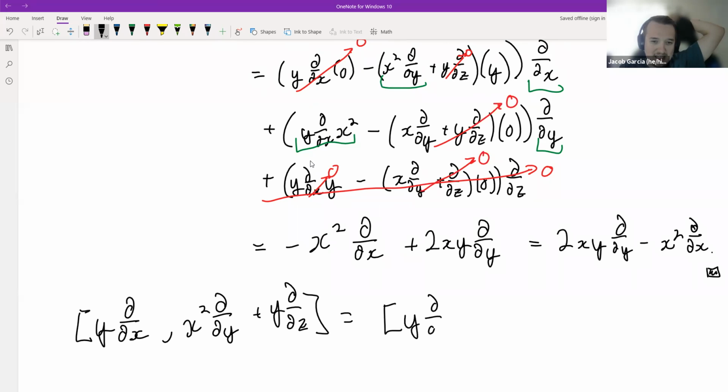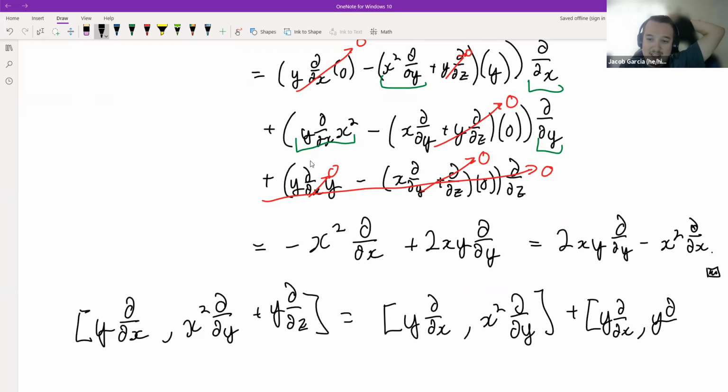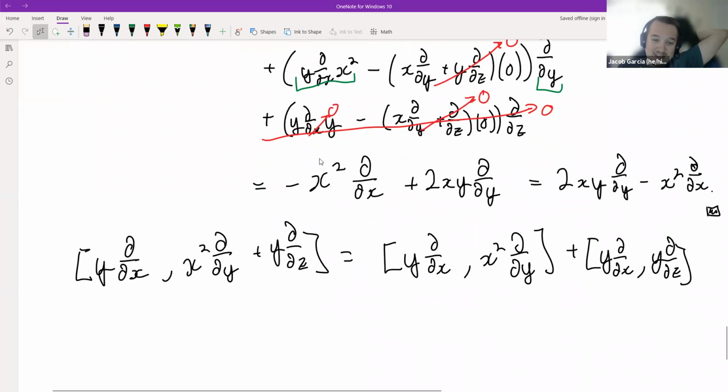This is the bracket of y dx with x squared dy plus the bracket of y dx with y dz. And if you use the basic properties of these Lie brackets, eventually you just get the thing that comes out.